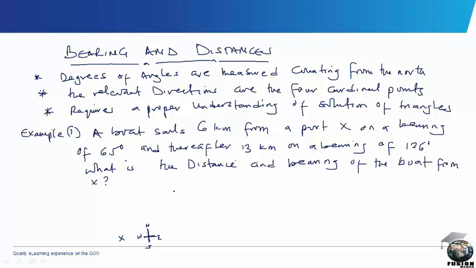Counting from the north, you have movement along the north side here, and where the movement stops is where we have 65 degrees. Just like the question says, the boat sails from point X on a bearing of 65 degrees, and thereafter, when it is at this point, it sails in a different direction on another bearing.